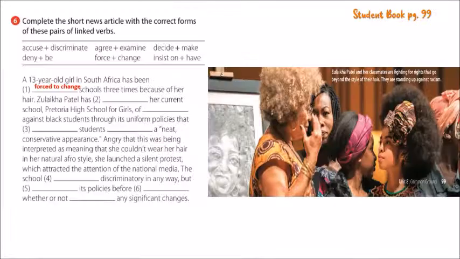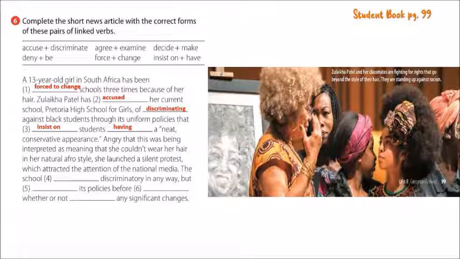Okay, now number 2 says Sulaika Patel has accused her current school, Pretoria High School for Girls, of discriminating against black students through its uniform policies that insist on students having a neat conservative appearance.